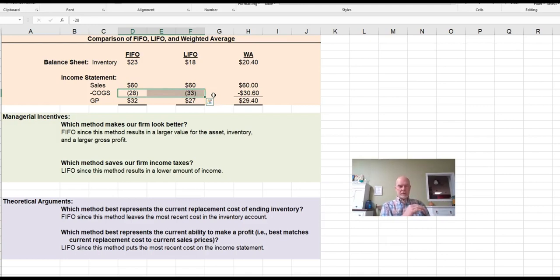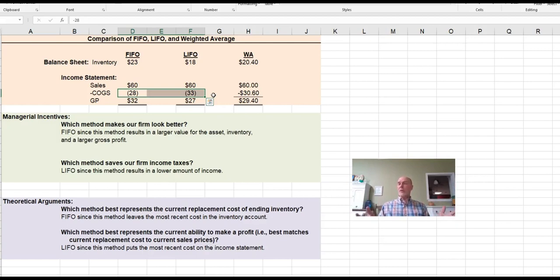So in terms of looking at the difference between our current cost and what we're selling it for, the LIFO method does a better job of representing that current profitability. So you might say it's better for the income statement. Since there are arguments in favor of both, the rule makers kind of throw up their hands and say, well, pick one, just tell everybody which method you're picking.